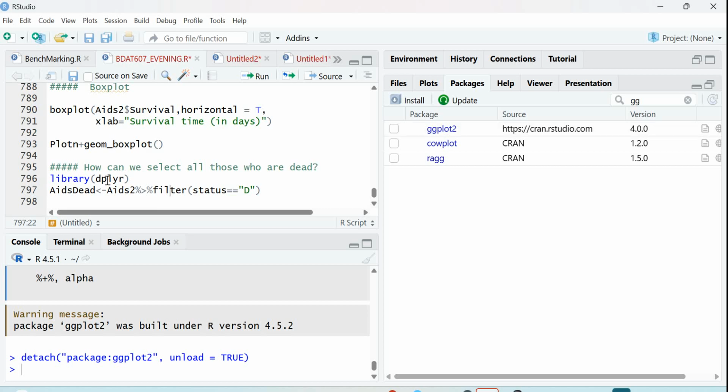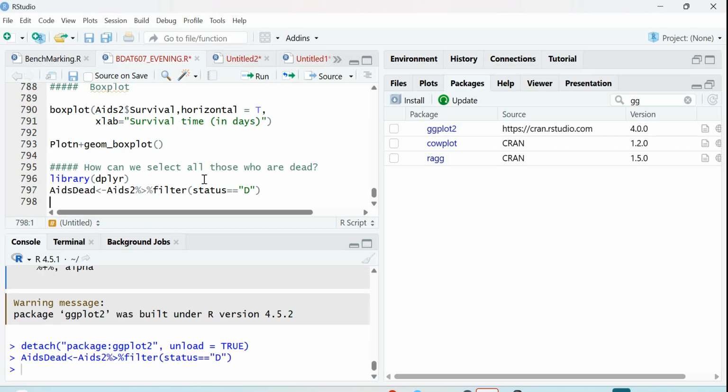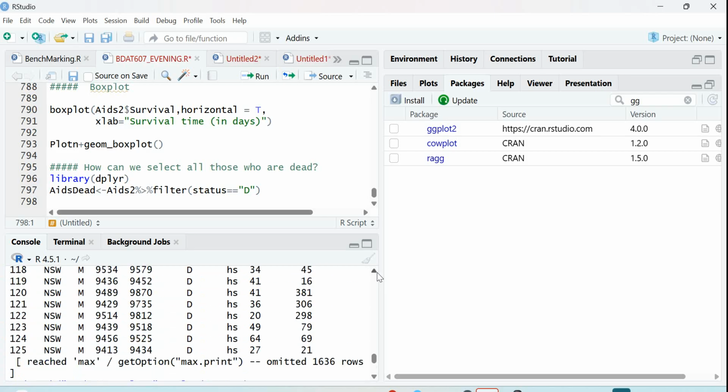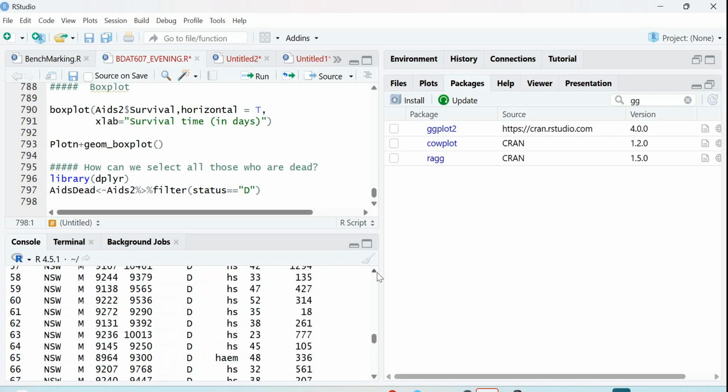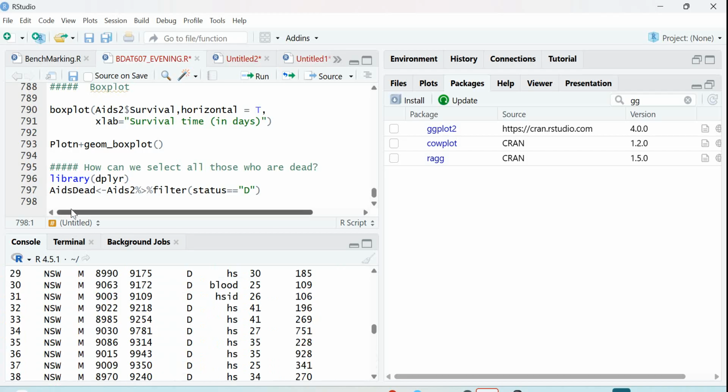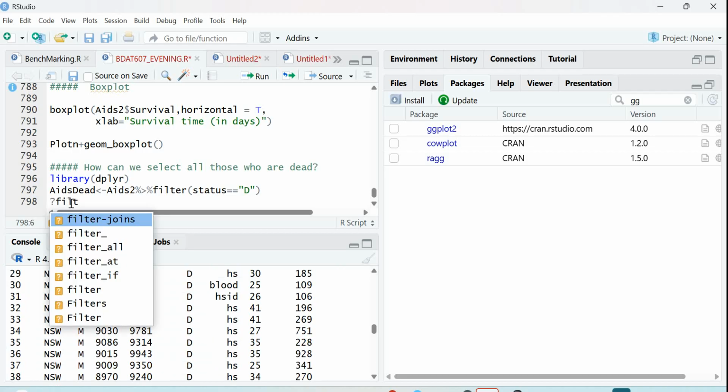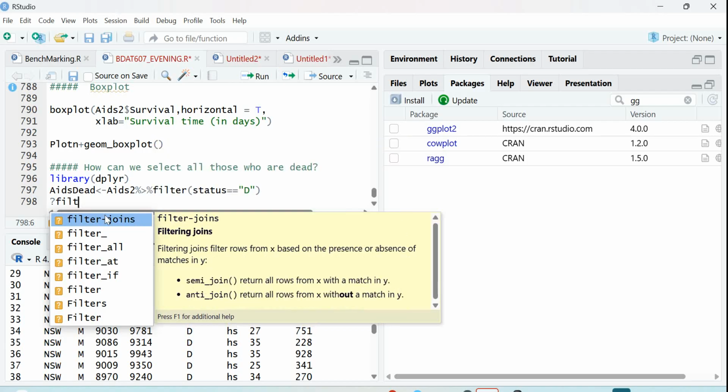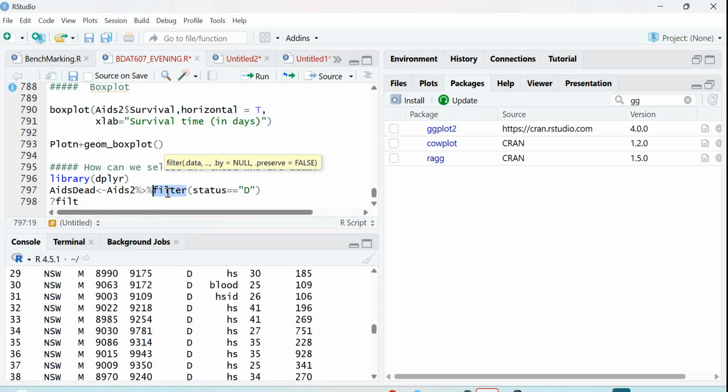So even though we have detached it, it still is able to read it. But you remember what we got: it meant that we don't have that package in. At first, when I had not done this filter, if I question my filter, it will tell me that there's nothing like that.